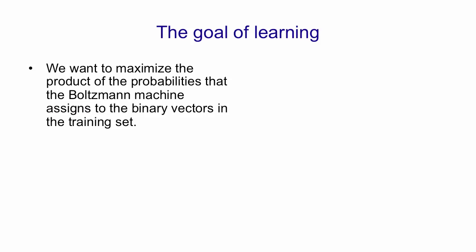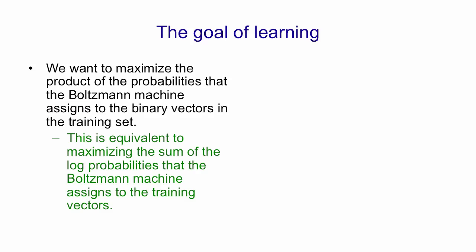What we want to do is maximize the product of the probabilities that the Boltzmann machine assigns to a set of binary vectors, the ones in the training set. This is equivalent to maximizing the sum of the log probabilities that the Boltzmann machine assigns to the training vectors.